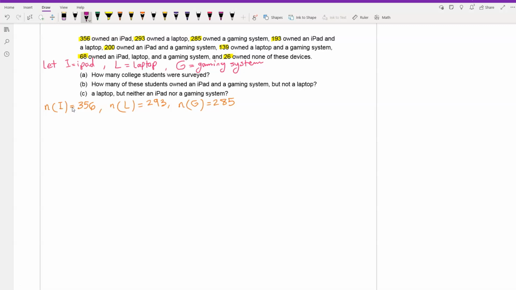Now here we have 193 iPad and laptop. So iPad intersection laptop, that is 193. Then we have iPad, gaming system, that is 200. Laptop, gaming system is 139.